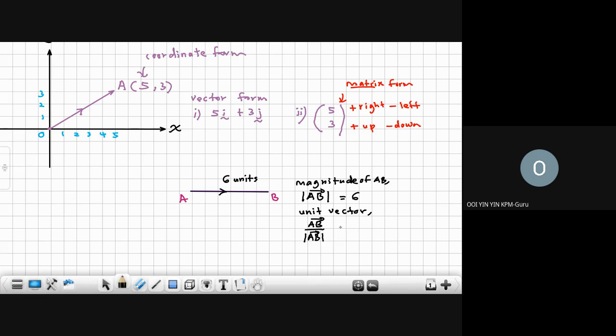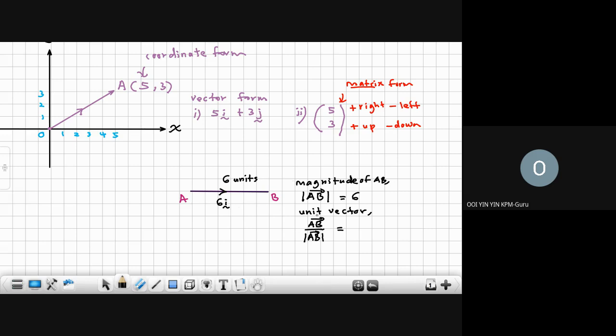So now as you can see here, to be correct, the magnitude is 6 units. But this vector, you see only horizontal line, right? If you use the vector form to represent it, this is 6i. And only have i, there's no j. j is 0, because it has no up and down, it is only horizontal. So it's 6i.